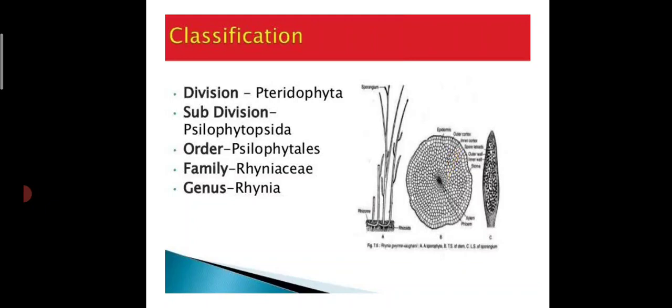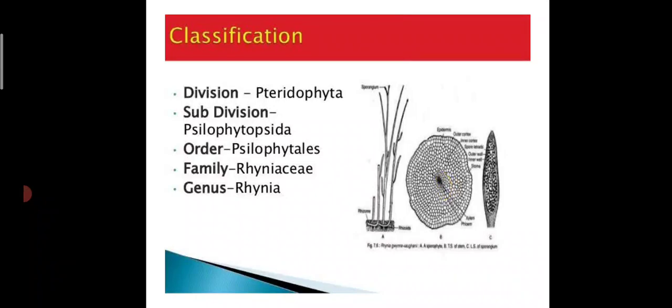The outer cortex has polygonal cells, as you can see in the figure, which may represent the hypodermal region. And the inner cortex is composed of parenchymatous, loosely arranged cells with lots of intercellular spaces in between. The cortical cells might have been photosynthetic also.